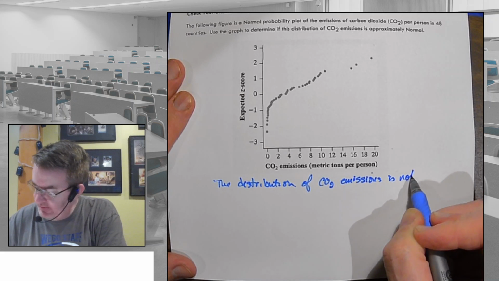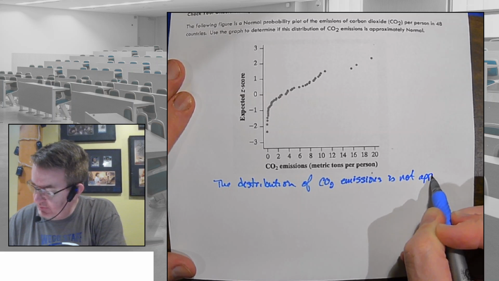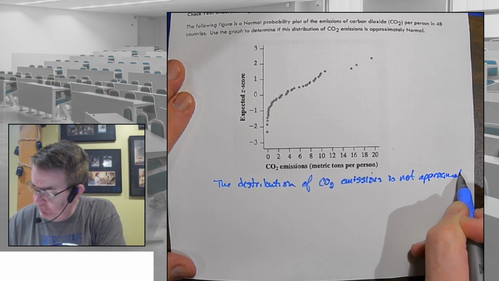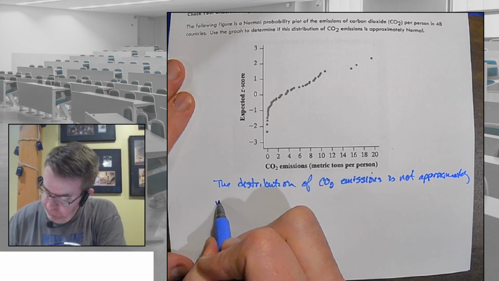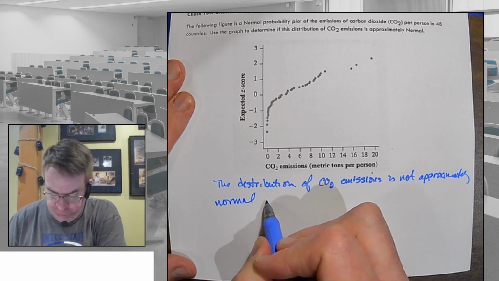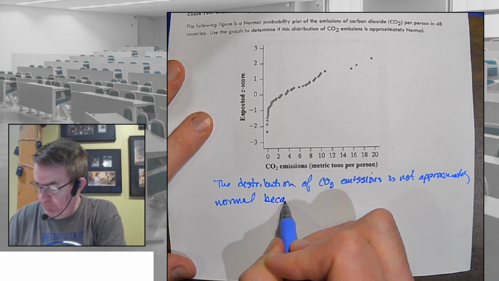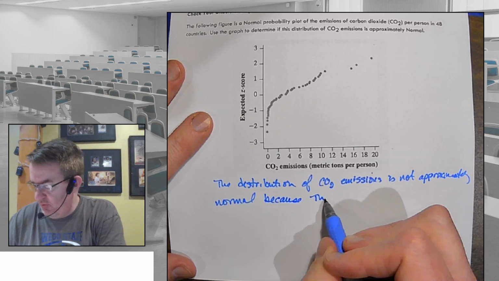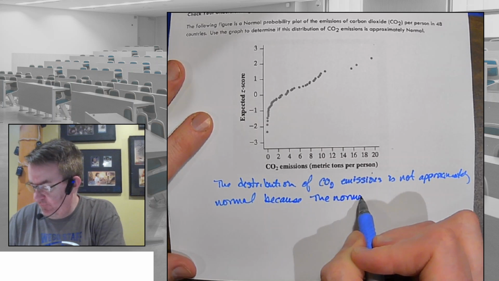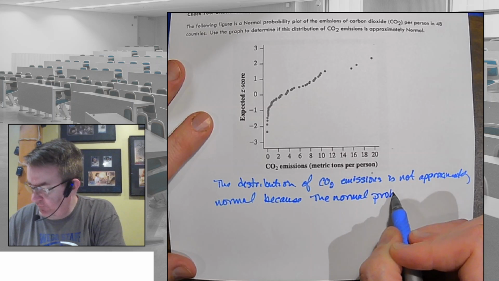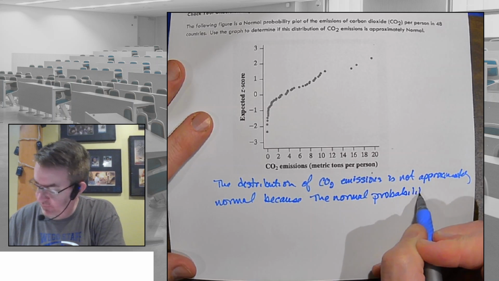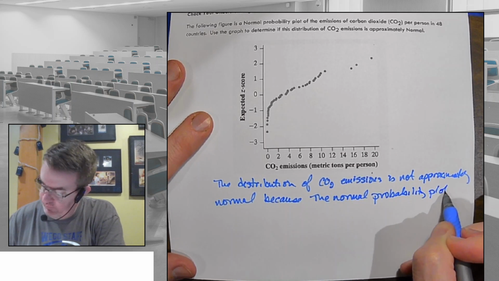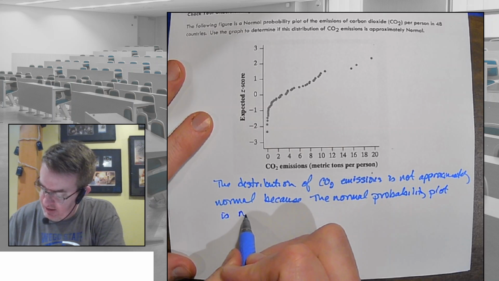Is not approximately normal. Because, why? The normal probability plot is not linear.